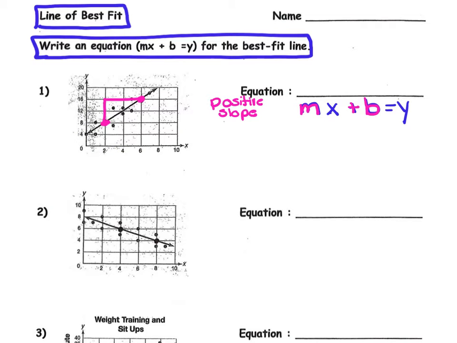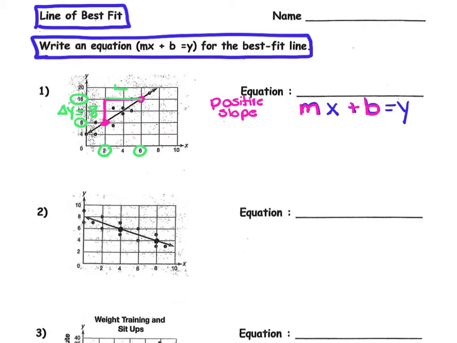Now, we know from 8 to 16, that's a difference of 8 units. That 8 is our delta y, our change in y. And as we move from here to here, we go from 2 to 6.